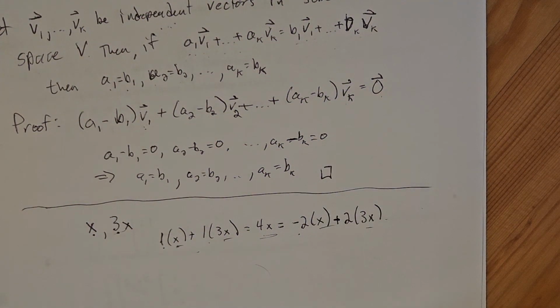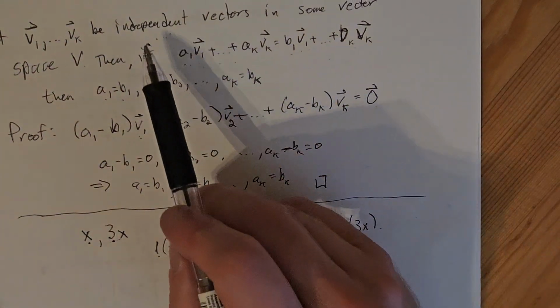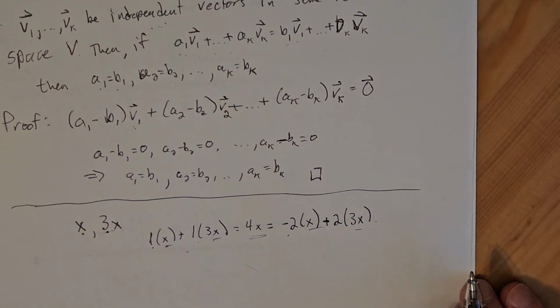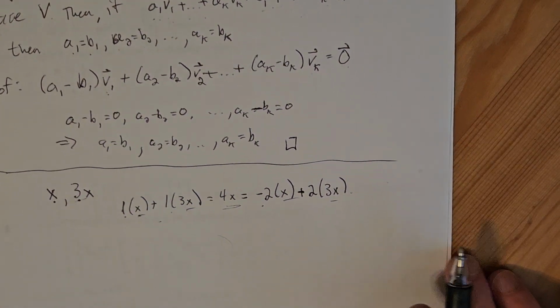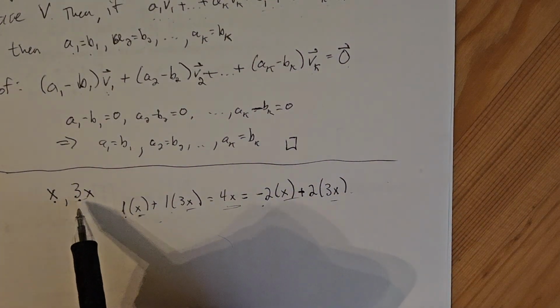And now, why is that interesting, right? Well, this isn't necessarily a true statement if our set of vectors are not linearly independent. And this quick example right below here shows that. What if we have a vector x and a vector 3x?